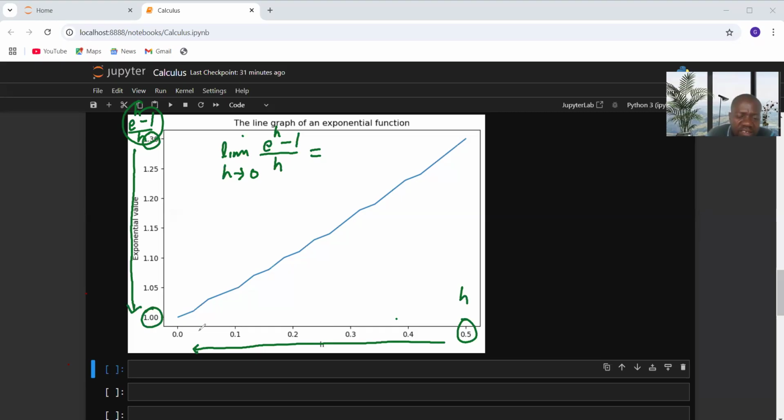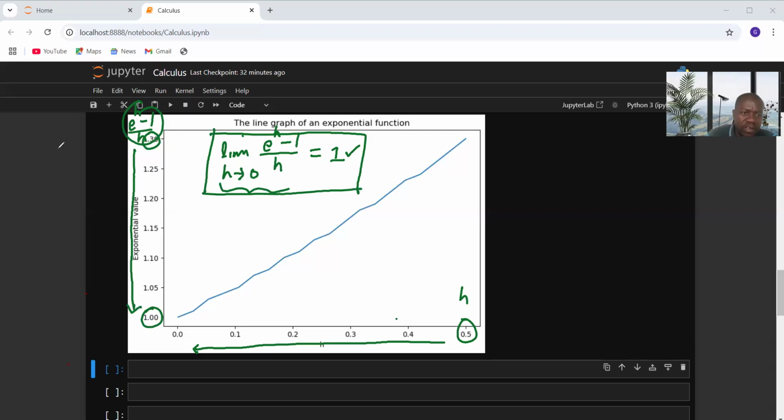So we can easily see that the limit when h approaches 0 of e to the exponent of h minus 1 over h becomes 1 according to the limits. So we have proved that the limit when h tends to 0 of e to the exponent of h minus 1 over h becomes 1. So it means wherever we see this, we denote this to be equal to 1 according to the principles of limits.